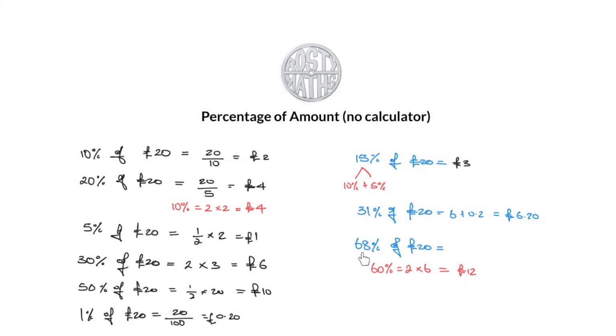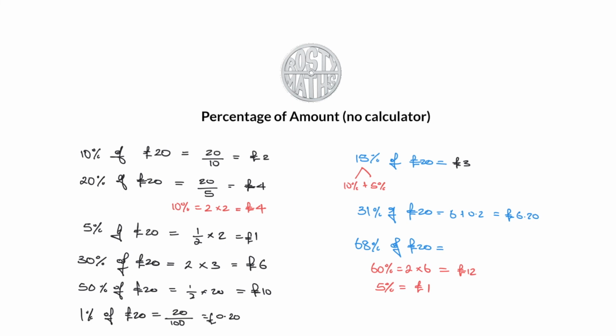I'm trying to get to 68. So the next thing I'm going to go for is 5%. Now 5%, I've already calculated there to be £1. So that's going to be £1 there. And then in order to get my 3%, because 60 plus 5 is 65, and I need another 3% to make 68%, I'm going to find 3% by multiplying 1% by 3.